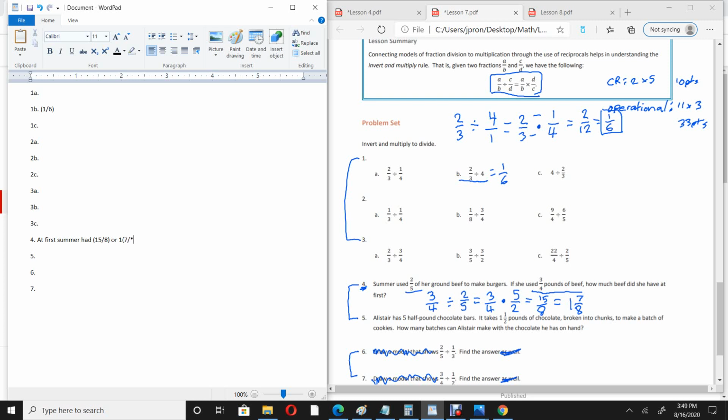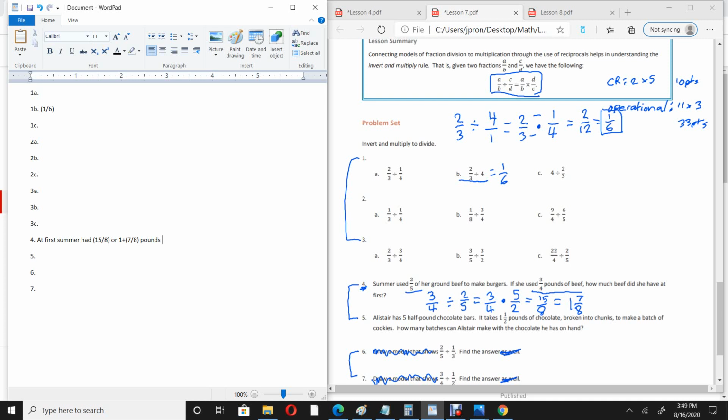If you prefer to write it as a mixed number, that's how I want you to write it, even though that's not technically correct. It would actually be like this: 1 plus 7/8. Okay, the fraction or the mixed number version of the answer, pounds of beef.